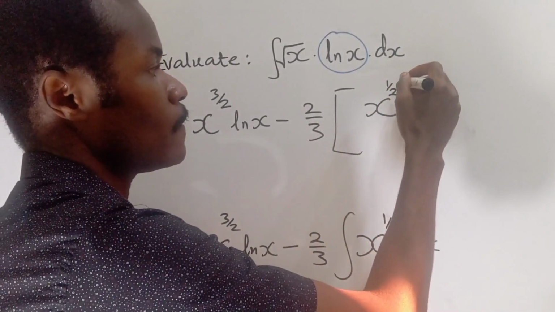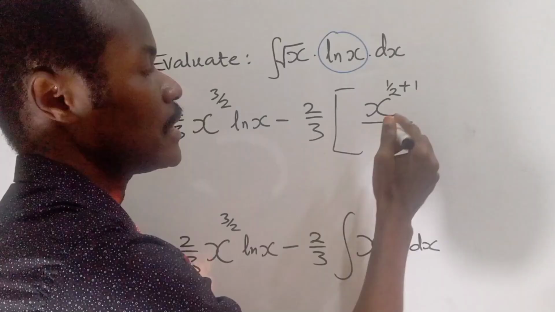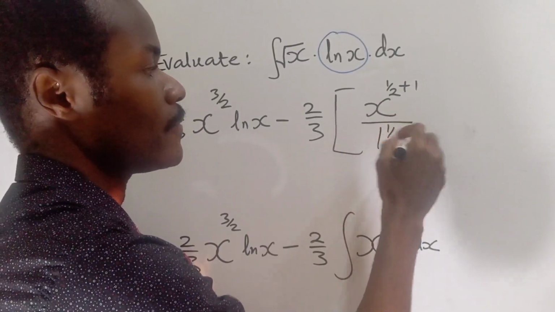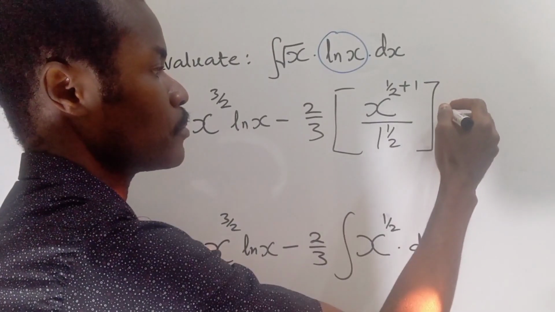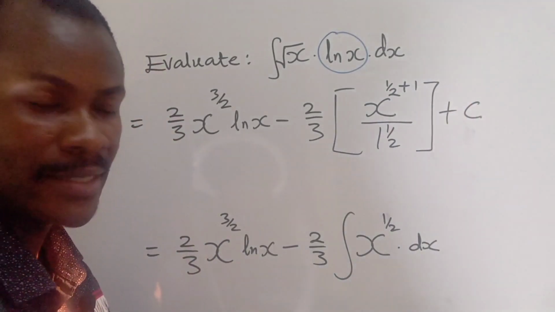We are going to add 1 to this and divide. Now this plus this simply means we have 3 over 2. Plus we have our c out there as a constant.